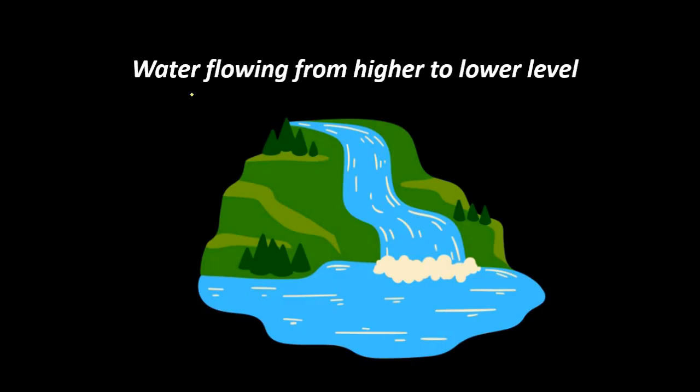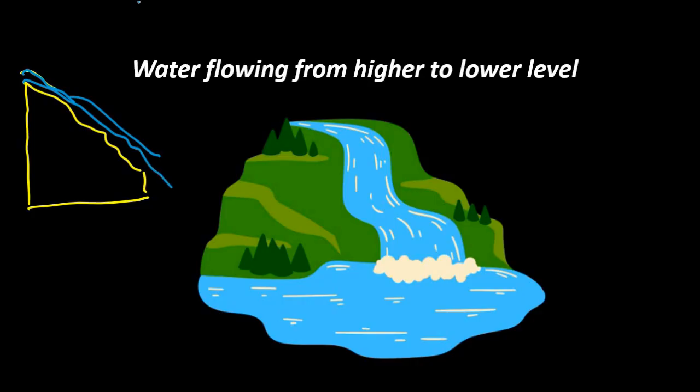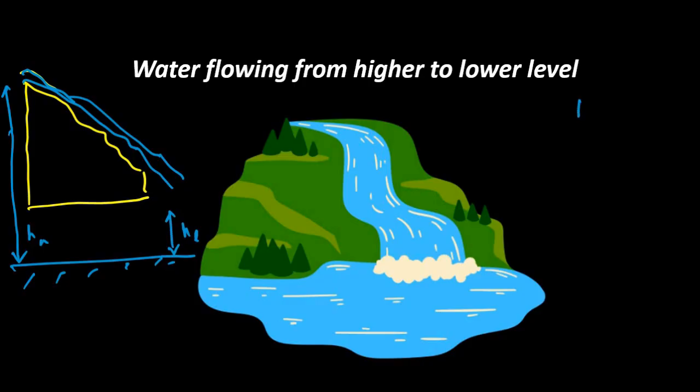Let's say we have a slope like this, with the lower point at a height HL above the ground level, and the upper point at a height HH. Obviously HH is higher than HL.